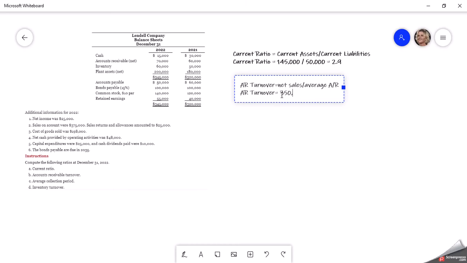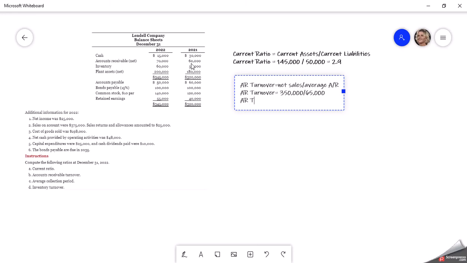So then that would be $350,000 of net sales, $375,000 minus the $25,000. Now our average accounts receivable, we're going to take these two up here, our 70,000 and our 60,000, add those together. So we have 130,000 divided by 2. So we have a $65,000 average between those 2 years.